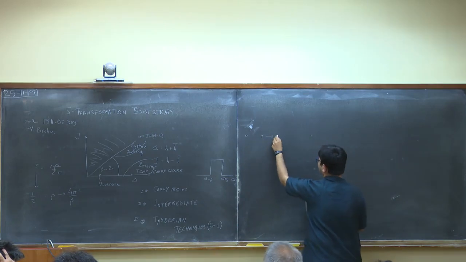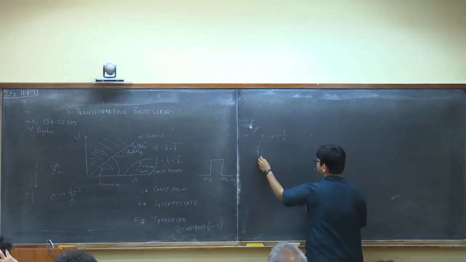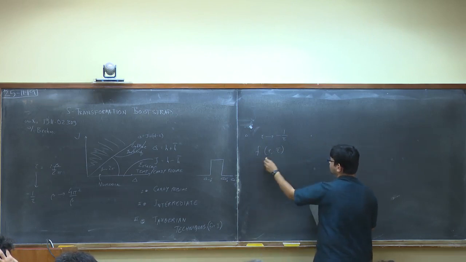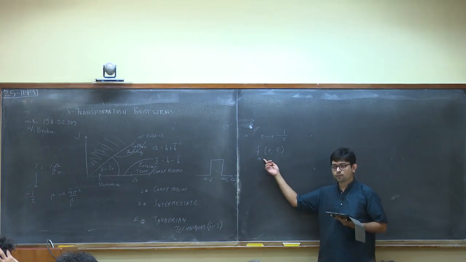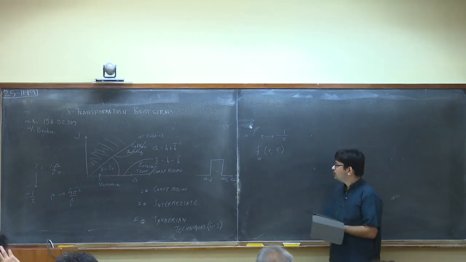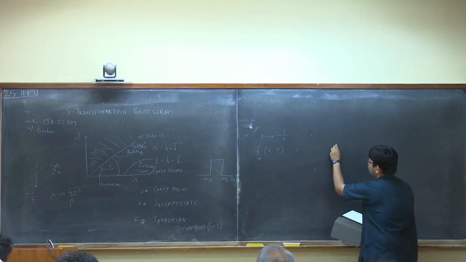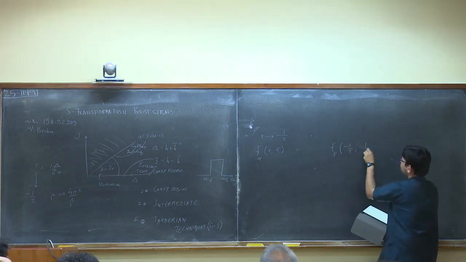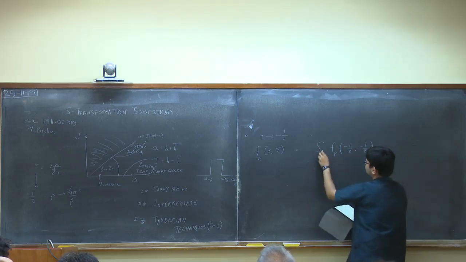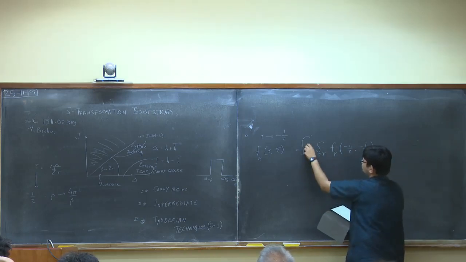Under T, tau going to -1/tau, if I have any quantity f(tau, tau bar) with some index alpha, say if you have an extra U(1), this can be a chemical potential, this is related to f(-1/tau, -1/tau bar) with some kernel S_alpha gamma, and integrate over gamma.